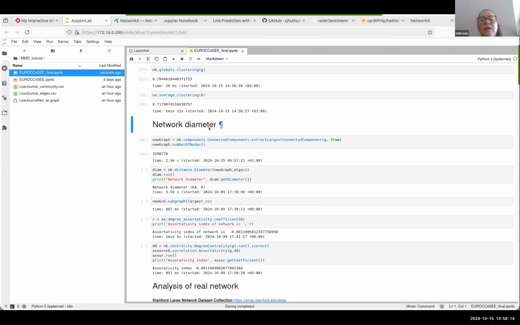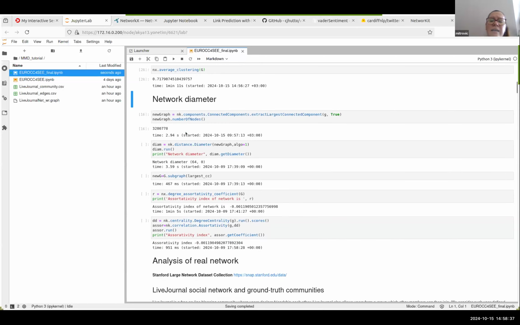So it averages only over nodes that actually have a non-zero clustering coefficient. And NetworkX is actually averaging over all nodes in the network. So that's why you have a slightly lower value of clustering coefficient. So if you're using each one of these algorithms, you have to be a little bit careful with this.